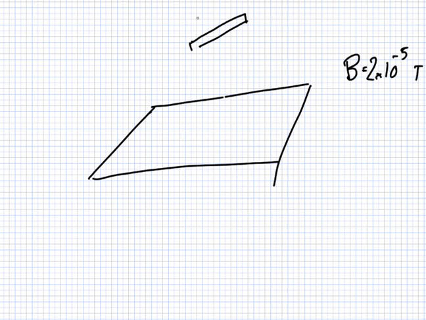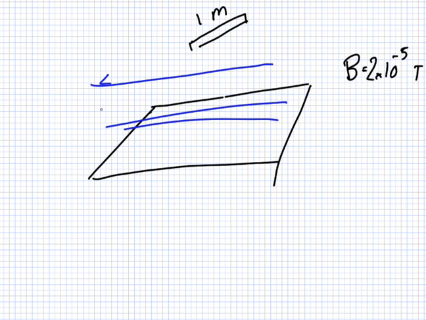And let's say this rod is 1 meter long. And the magnetic field is going this way. Sorry, you can't really see it in my picture, but the rod is perpendicular to the magnetic field. So in other words, if that's north, then the rod is like this. But that's not too important, don't worry.